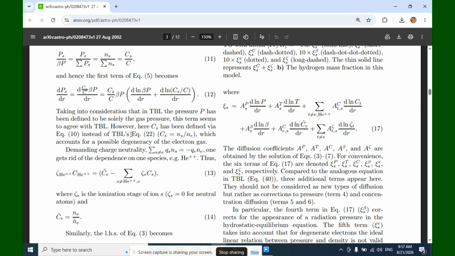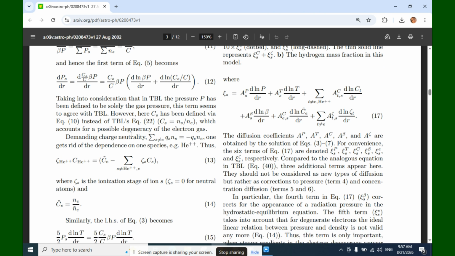They should not be considered as new types of diffusion, but rather as corrections to pressure terms and concentration diffusion terms. In particular, the fourth term, beta, corrects for the appearance of the radiation pressure in the hydrostatic equilibrium equation.